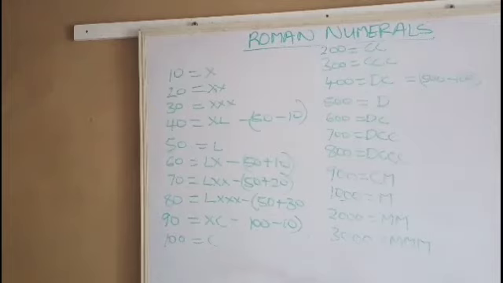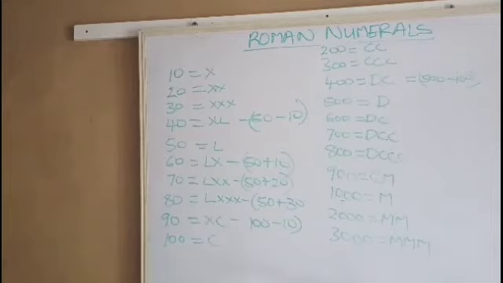That's why you have CM. 1000 is M. 2000 is MM. 3000 is MMM. Now again, for 1001, that's MI.